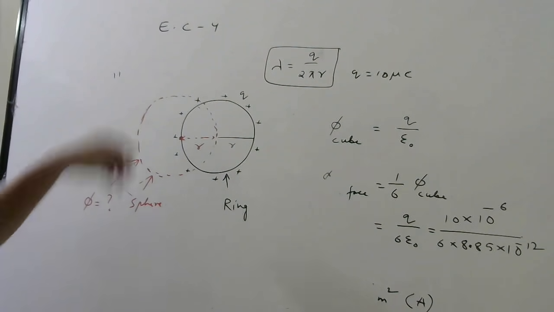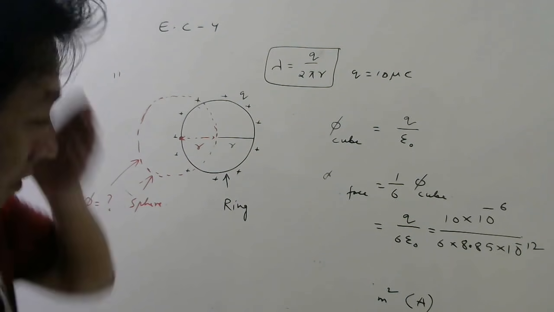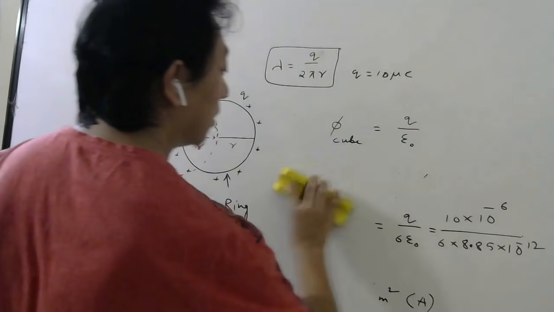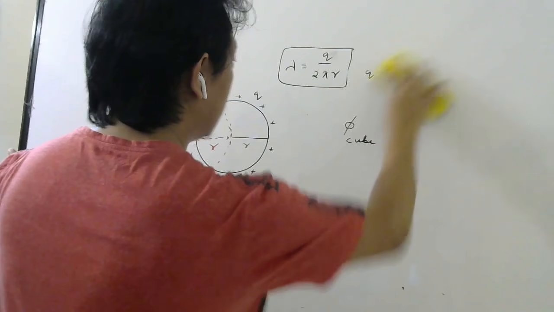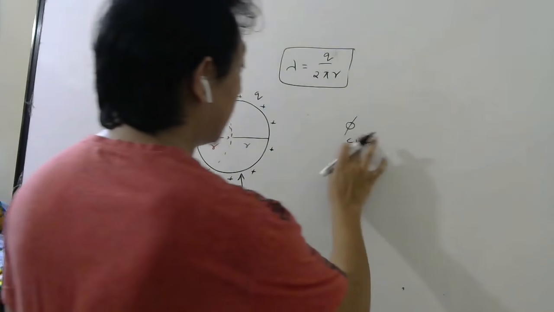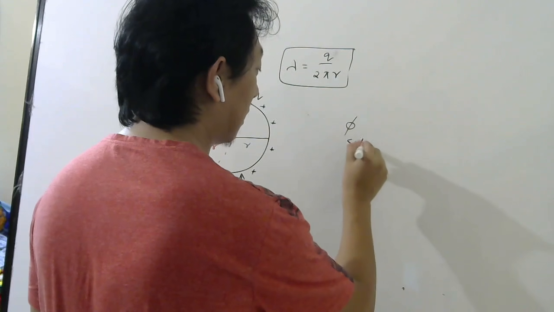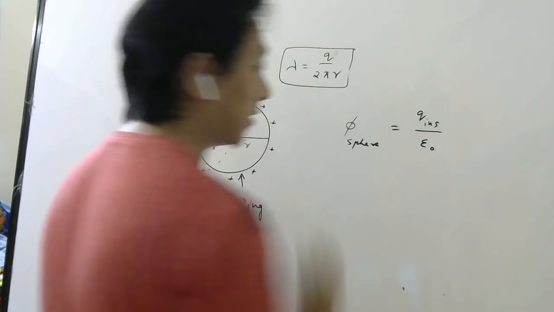Flux through this surface. Now, since it is a sphere, it is a closed surface, and for a closed surface we can use what law? Gauss law. So to find flux through this sphere, I can write directly charge inside divided by epsilon naught.